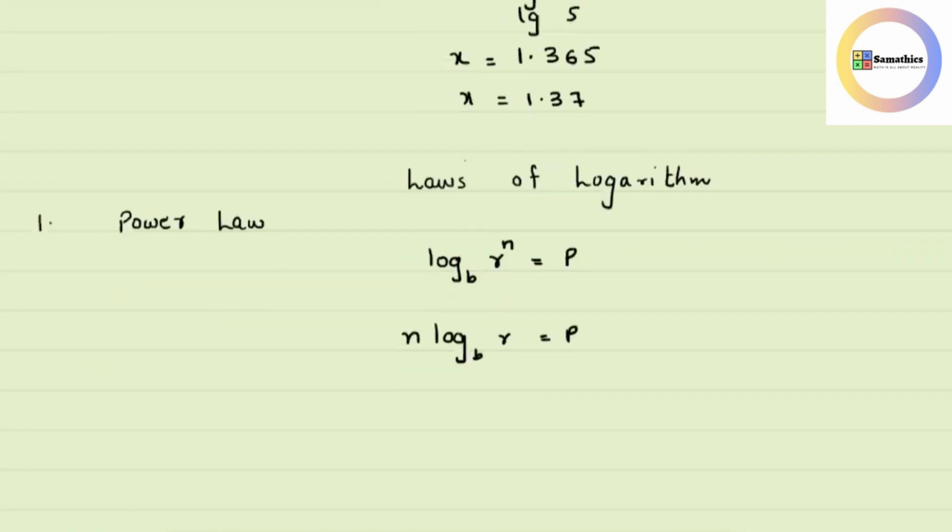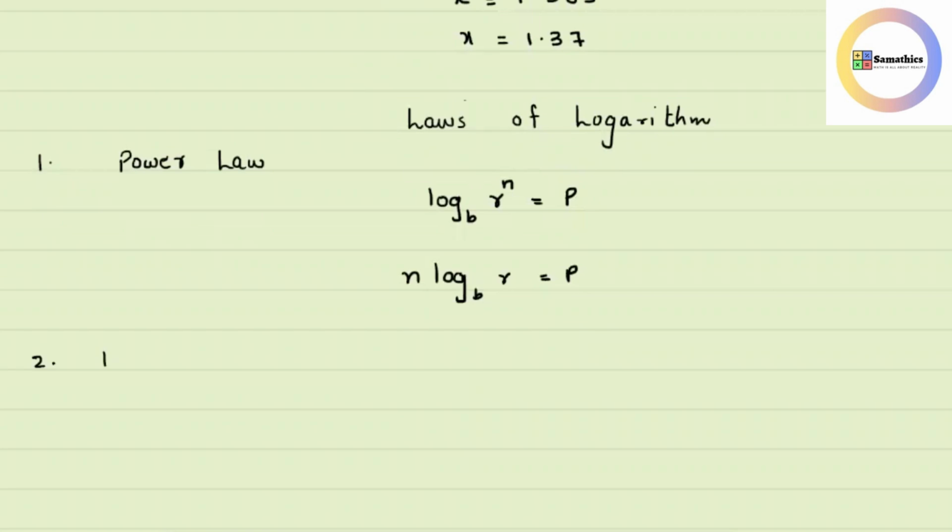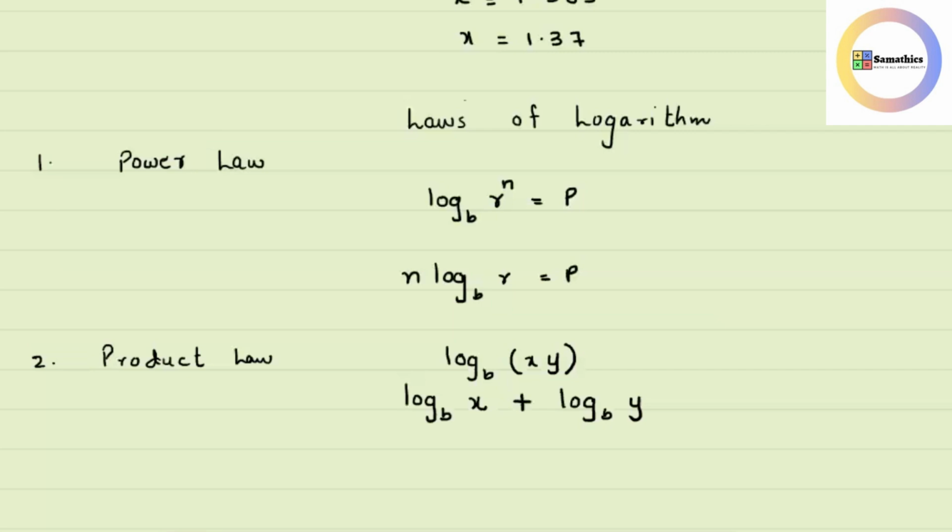Then second is the product law. If we have log b of xy, when we separate these two, we write log b of x and we write log b of y. As there is multiplication, we put a plus sign here.